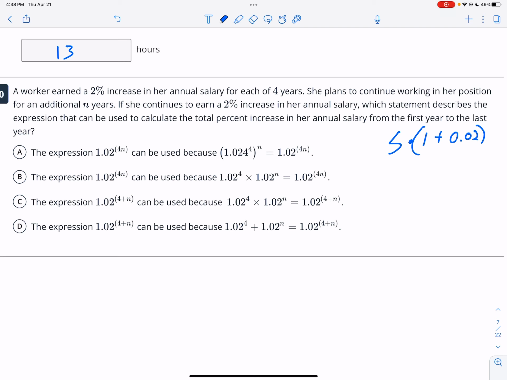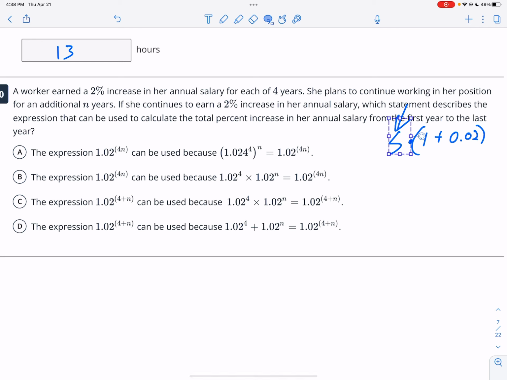And then the next year, her new salary will be 1.02 times that 1.02, and it'll keep going over and over again.